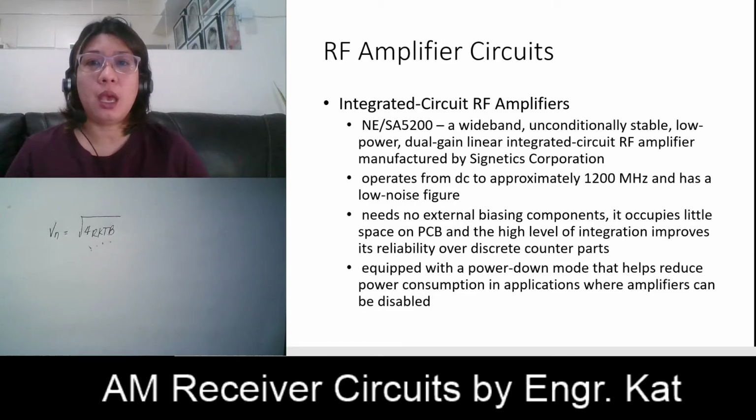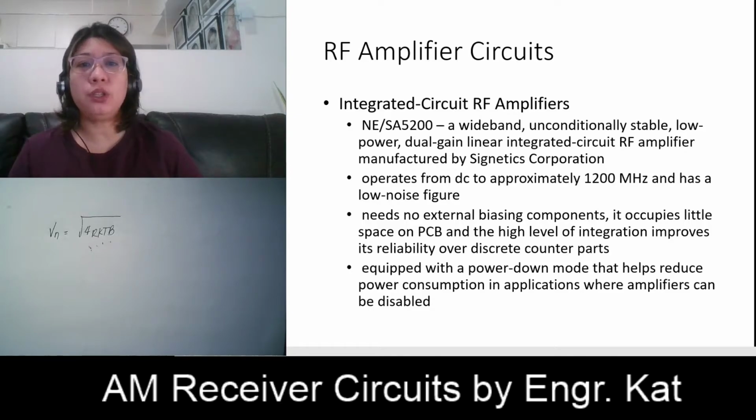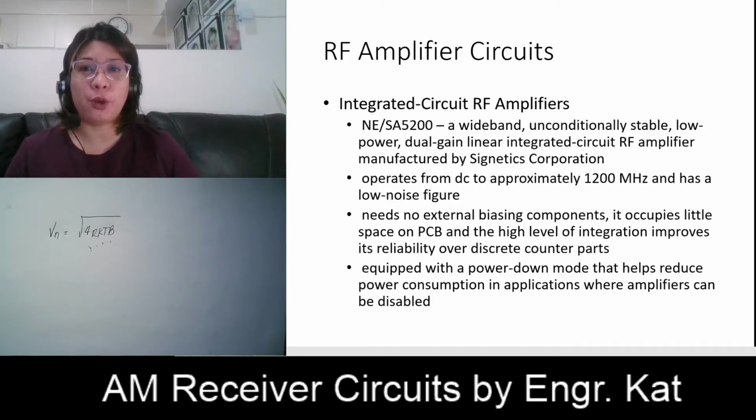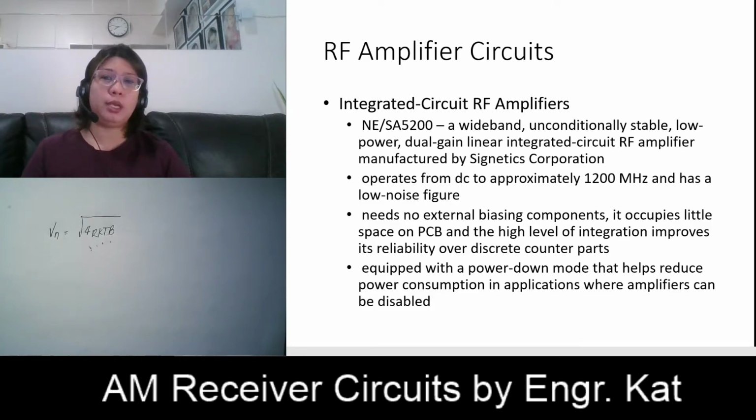This is a wideband, unconditionally stable, low power, dual gain linear integrated circuit RF amplifier that is manufactured by Signetics Corporation. It usually operates from DC to approximately 1200 megahertz and has a low noise figure.